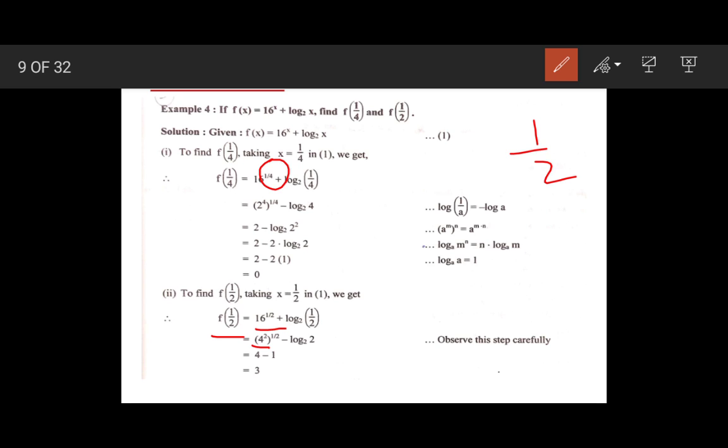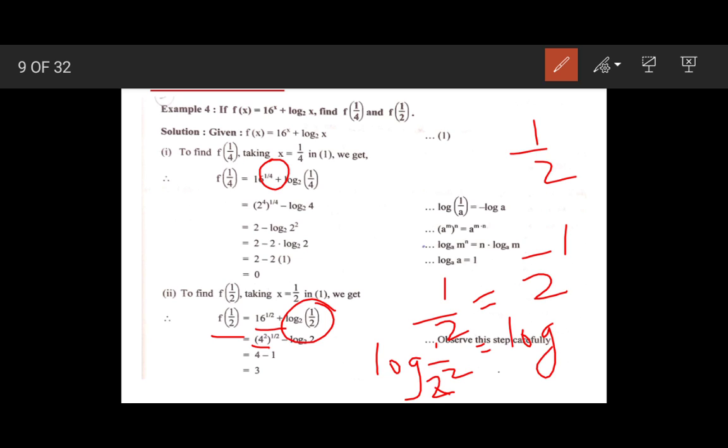Minus, why minus? Because again this 1 upon 2 can be written as 2 raised to minus 1, right? Then log 1 upon 2 to the base 2, that can be log 2 raised to minus 1 to the base 2. Then I am taking this minus 1 here, so that will be minus log 2 to the base 2. Okay, so the sign is minus.